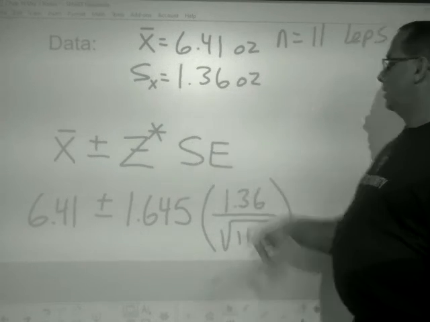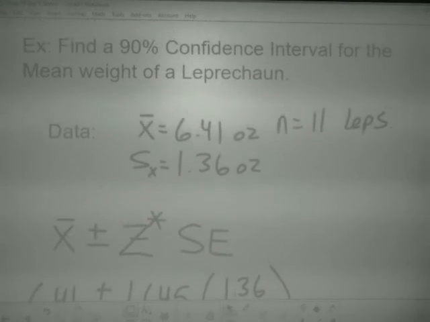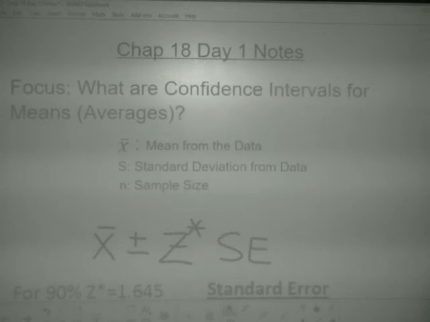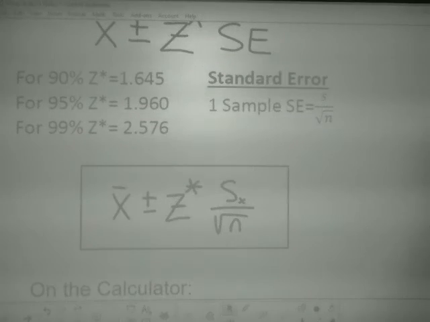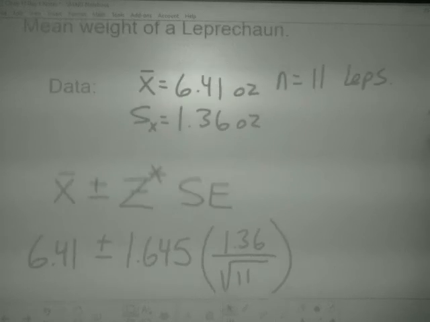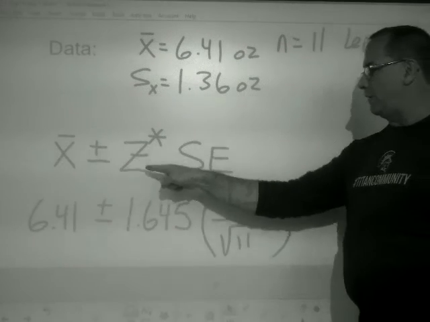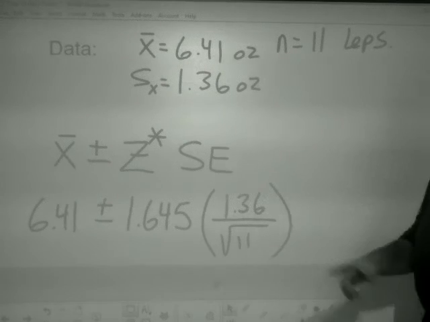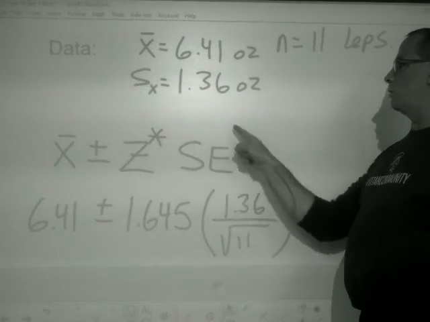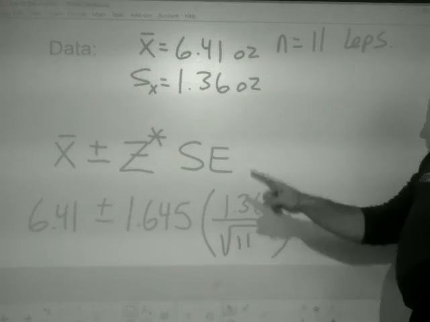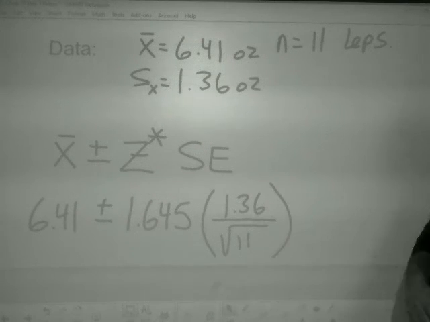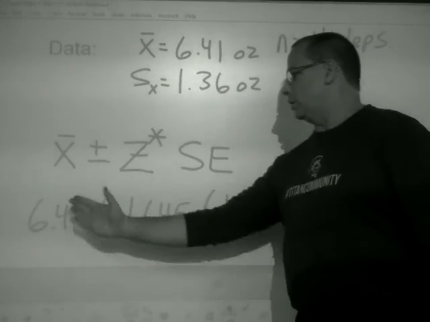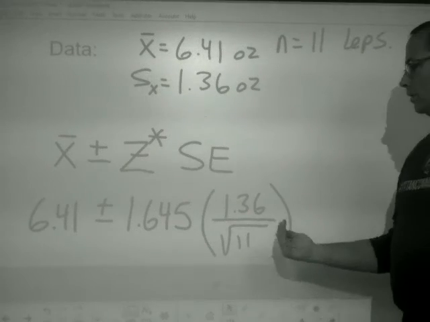Z star: they said 90%, and if I go back to the table, 90% is 1.645, so I put in 1.645 for my Z star. Then this is S over the square root of N: S is 1.36, square root of 11. I filled in my formula, just like before.